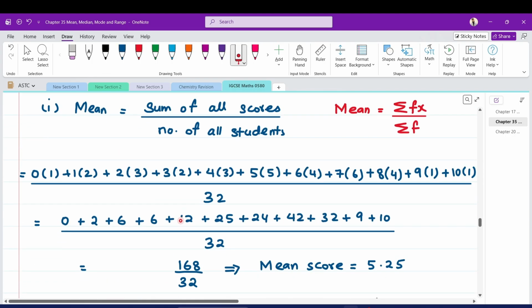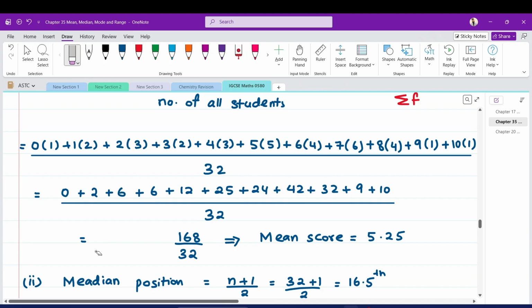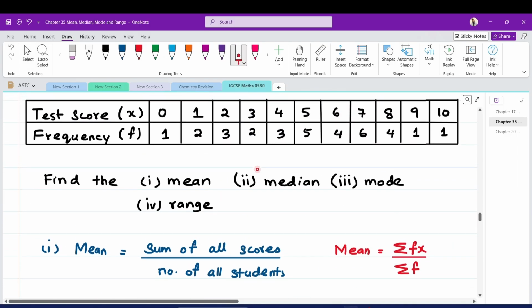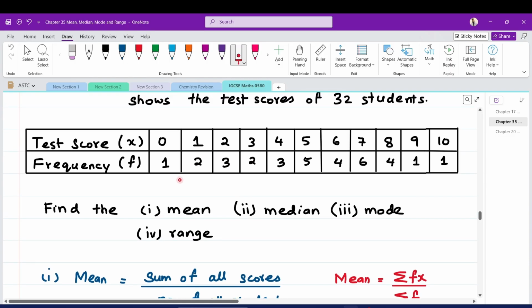Now we need to find out the median. I don't know why there are so many typos. Before we can find the median, in this case we cannot arrange the data in ascending order, because in the raw data it was pretty easy to calculate the median, since we can simply arrange the data in ascending order.